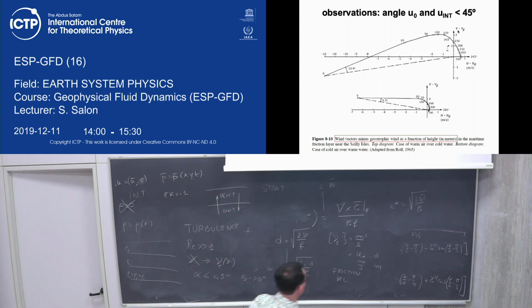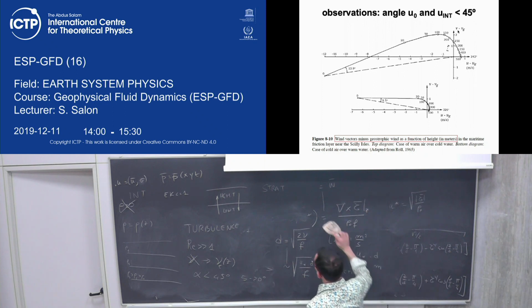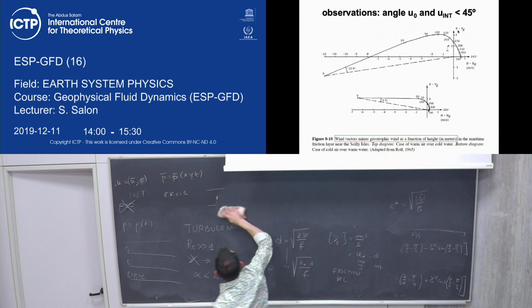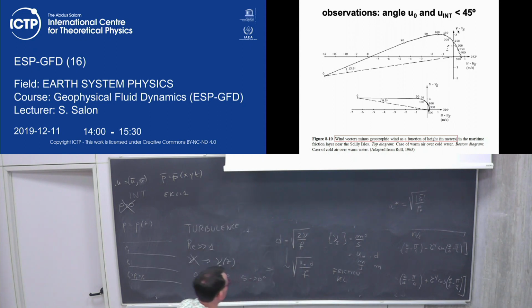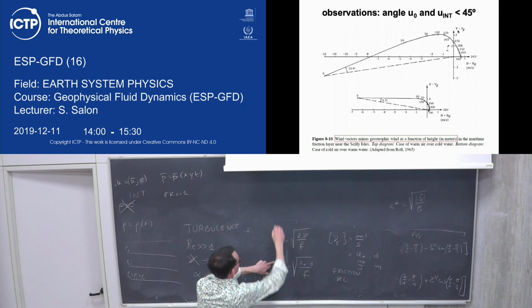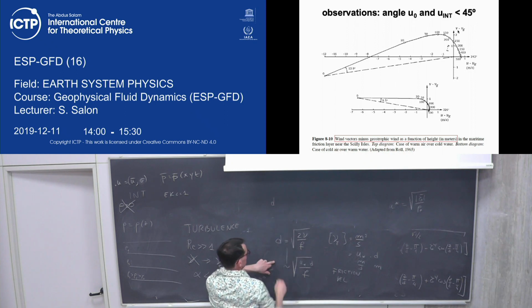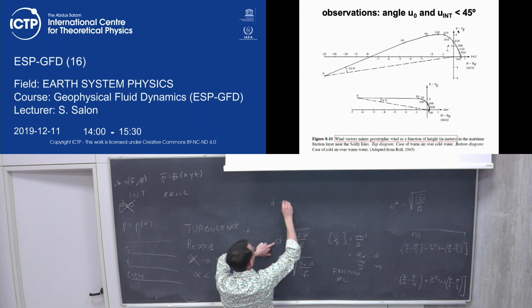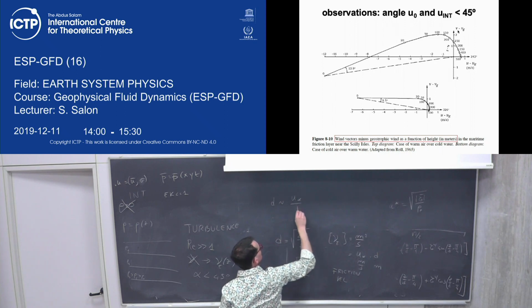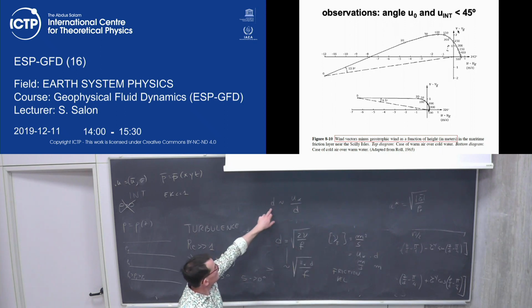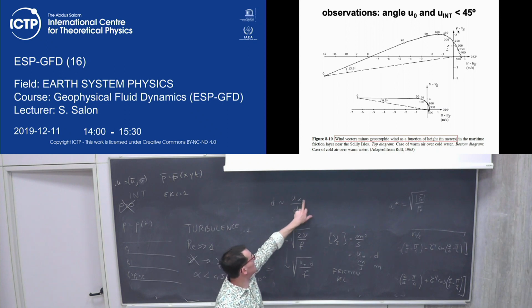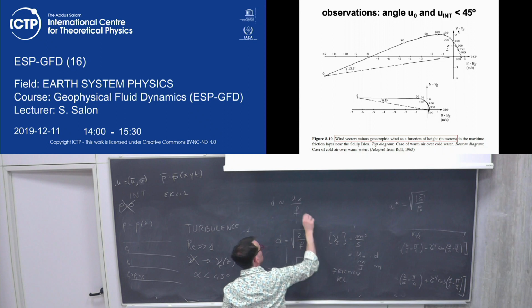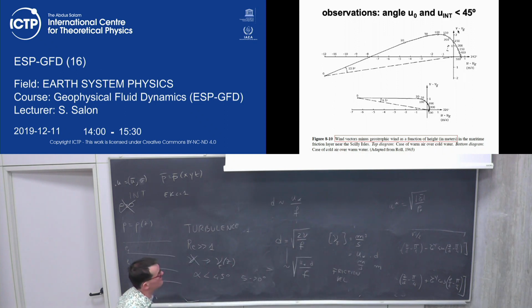And so if we solve this for D, squaring, we will have that D actually scales like the friction velocity divided by f.